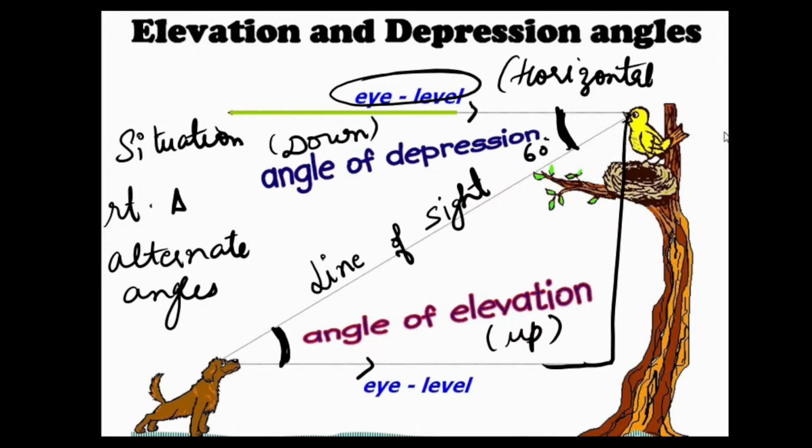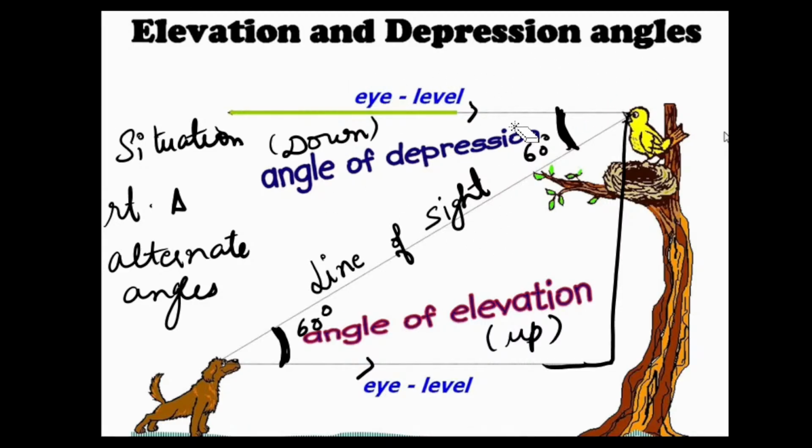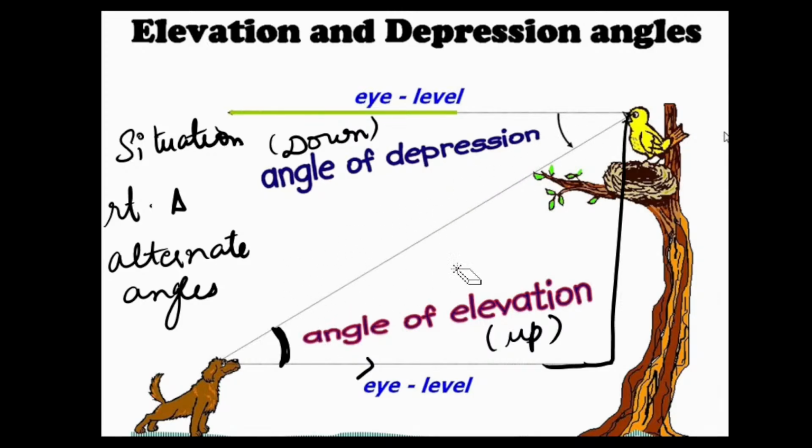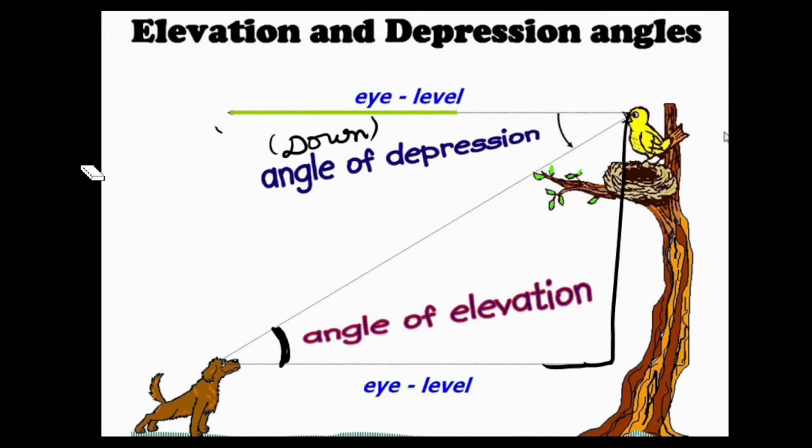If this is 60 degrees, this will also be 60 degrees because of the alternate angles. Like this, every situation we can convert into a right angled triangle and we'll get the angle of elevation or angle of depression, and we can find the required distance. Okay, so let's start from the first question.